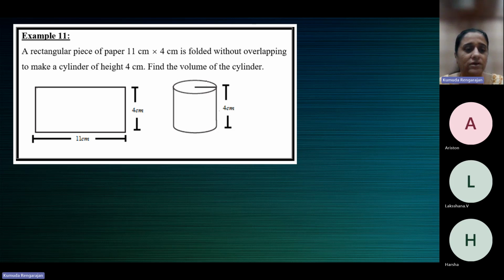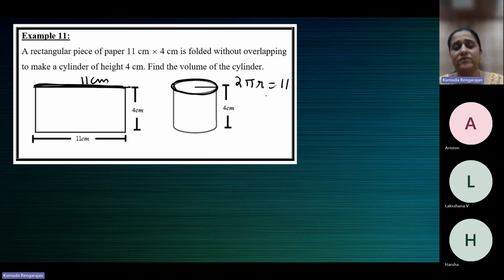So very simple. This line segment is now this circle in the cylinder, so the length of the circle is 11 centimeters. And what's the formula to find the circumference of the circle? 2 pi r is the formula. So the value of 2 pi r is 11, which means 2 into 22 by 7 into r is equal to 11.